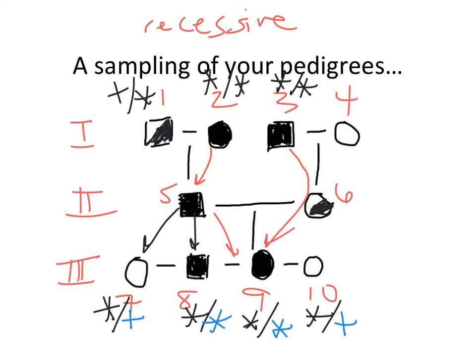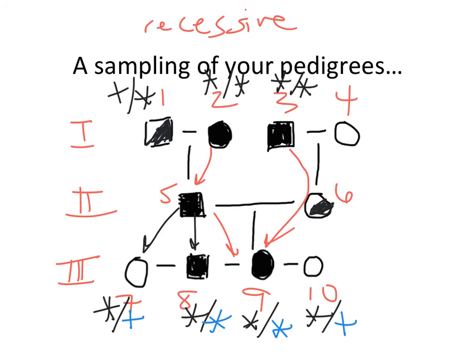Time to engage your brains. Is this autosomal or is it X-linked recessive? If it's recessive. What's the one piece of information in this whole pedigree we're looking for?